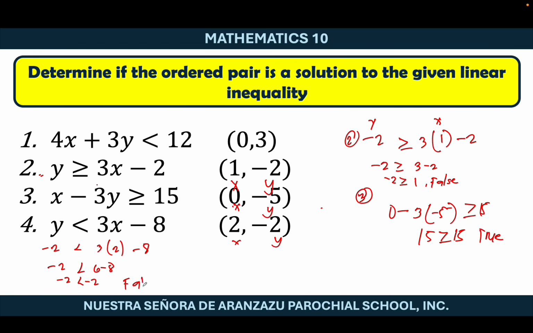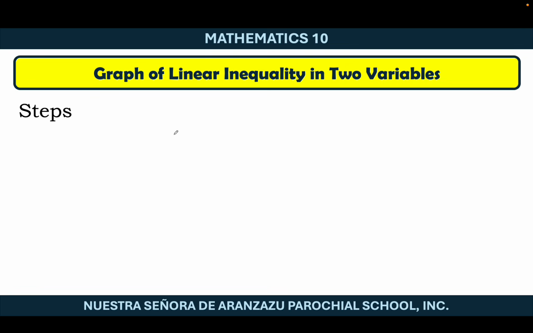That is false, since they are equal. The symbol should have equality, but it doesn't, so it is false. I hope it is clear how to determine whether the given ordered pair is a solution to the given inequality.